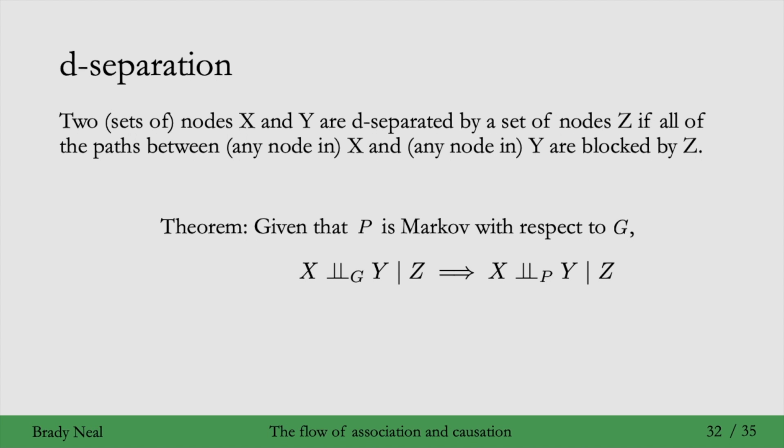So, given that P satisfies the local Markov assumption with respect to some graph G, then d-separation in the graph implies independence in distribution. So here, this independence sign with P means independent in distribution, and this independence sign with G means d-separation in the graph.